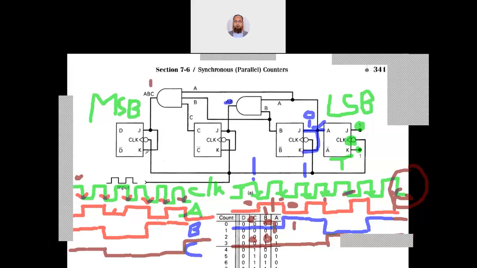JK कब टॉगल करता है? जब दोनों इनपुट हाई हो. So, D was in the zero state. So D was in the zero state. So D will remain zero. This is D.